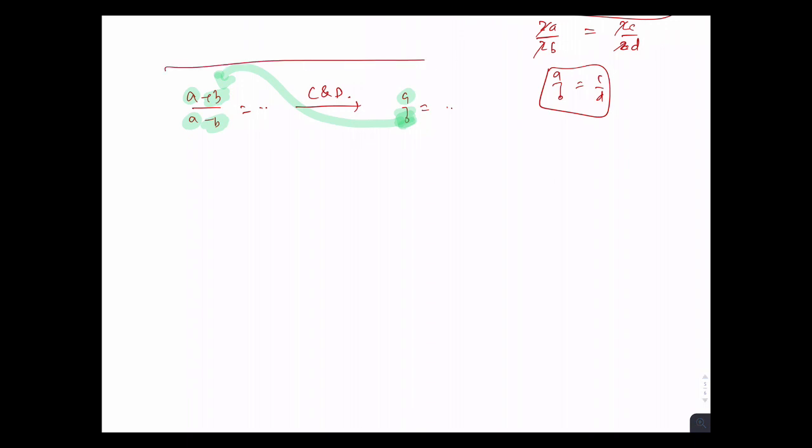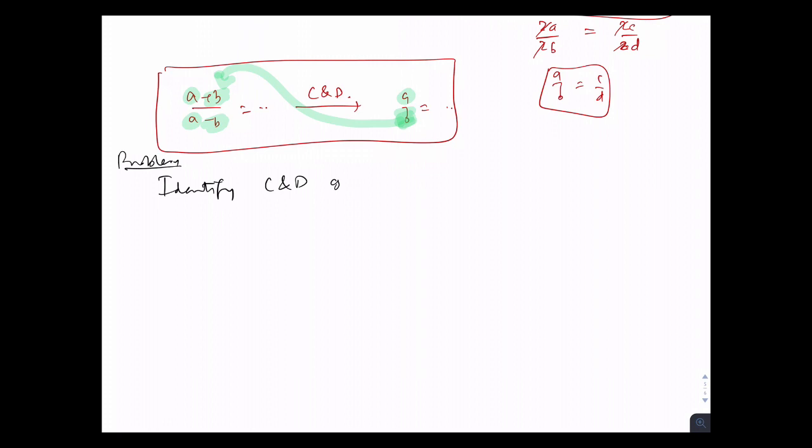So this is a very good problem-solving technique. Whenever you have a componendo dividendo structure, you should always do this. Let us take a problem. Identify the componendo and dividendo structures, and also identify the componendo and dividendo structures individually.